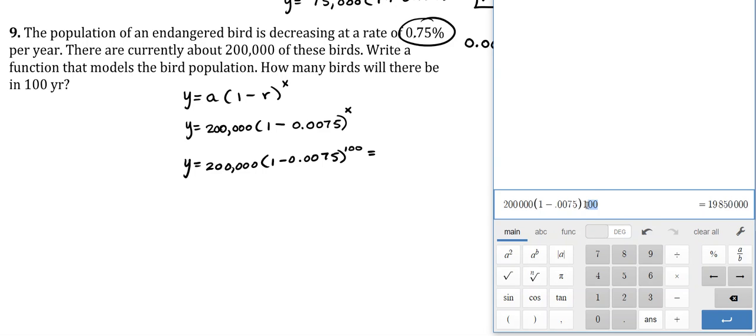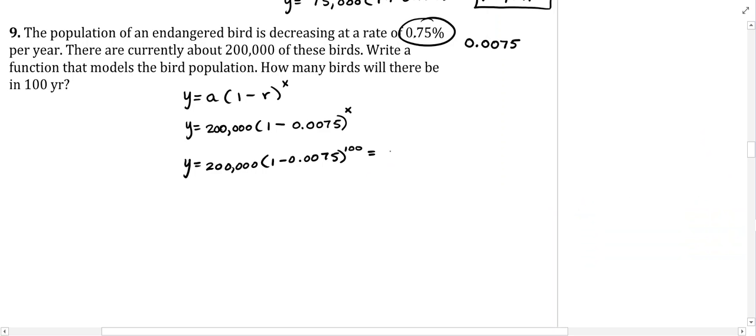Do y'all see the mistake that I made? It has to be raised to the 100. Whew. I was like, the number shouldn't be bigger than 200,000. Okay, there it is. 94,207. Yikes.